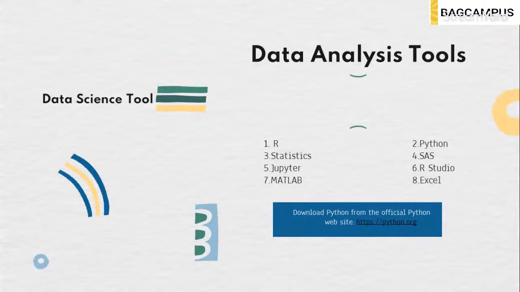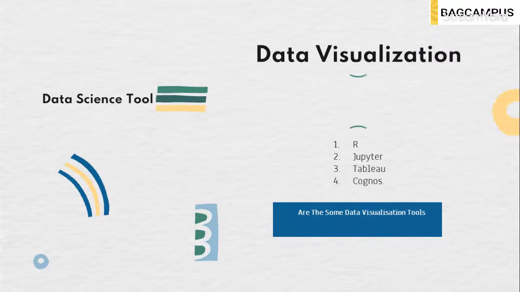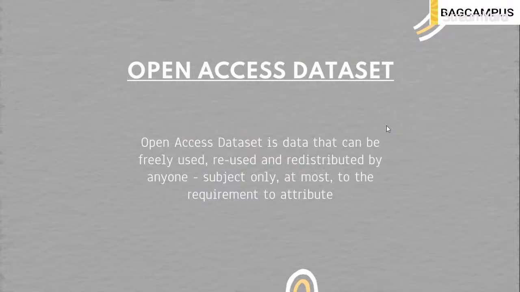We learned about data analysis tools and data science tools, which are on your screens. After getting knowledge about various tools, we came to know what an open access dataset is.